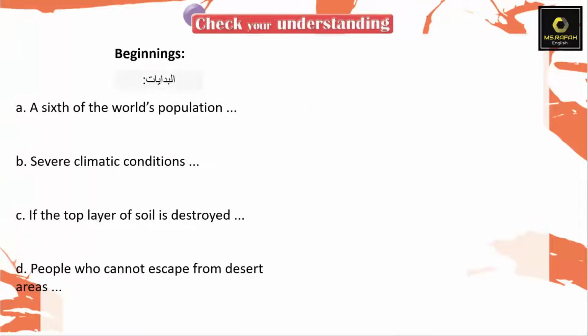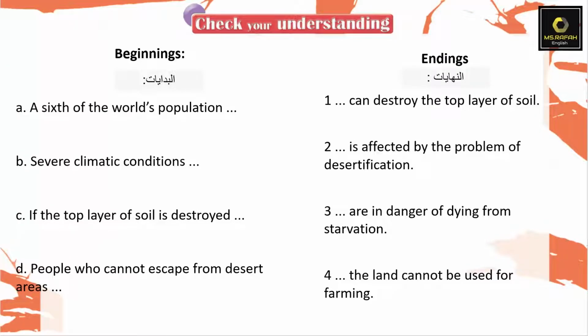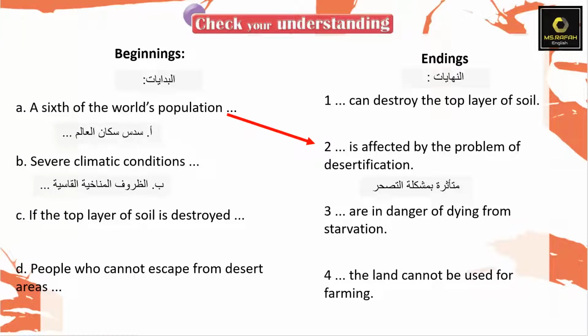We have beginnings and endings. A sixth of the world's population is affected by the problem of desertification. Severe climatic conditions can destroy the top layer of soil.